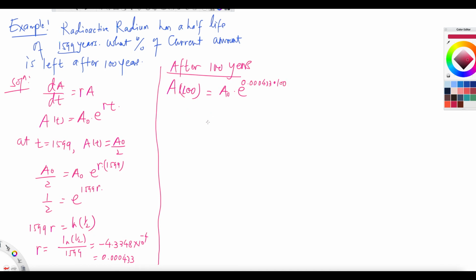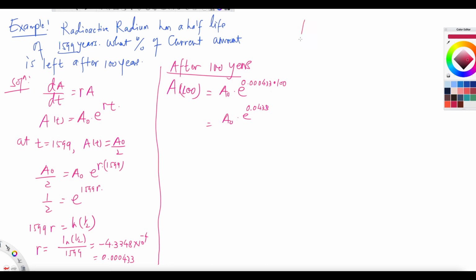So what do you get? That is A0 times e to the 0.0433, because 0.000433 times 100 is 0.0433. So after 100 years, that's what you get.